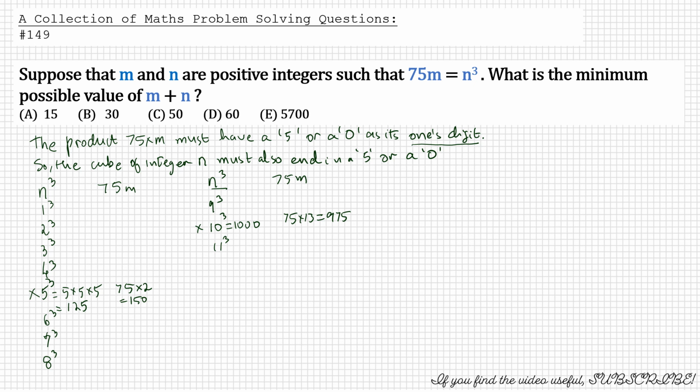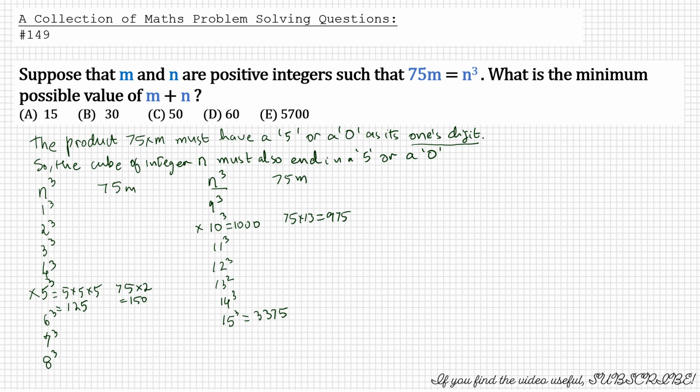11 cubed, not a possibility. The ones digit is 1. 12 cubed, no. 13 cubed, no. Then 14 cubed again, no. 15 cubed, what does this give us? It gives us 15 times 15 is 225, times 15 is 3375.